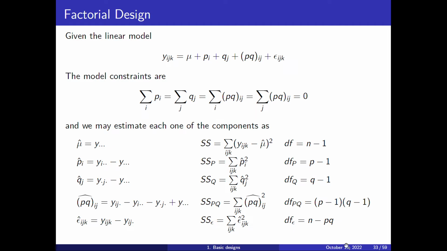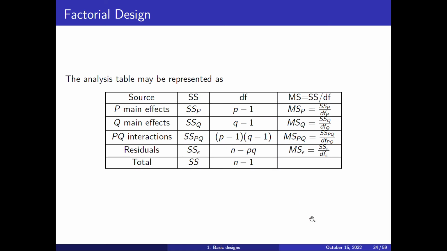So we would come out with the same ANOVA table as before, and we would compute the mean squares for each one of the contributions. When you want to know if something is significant, you have to compare the mean squares of that factor to the mean squares of the residuals, which is the part that you have not explained.